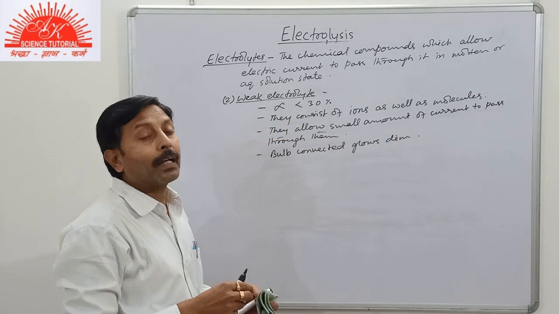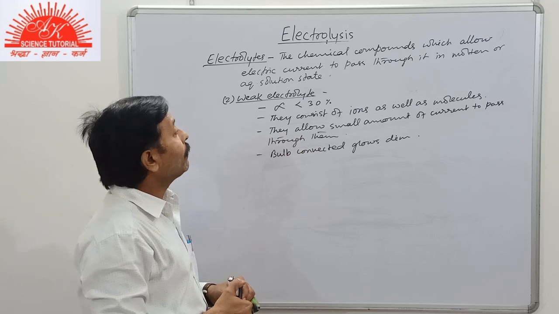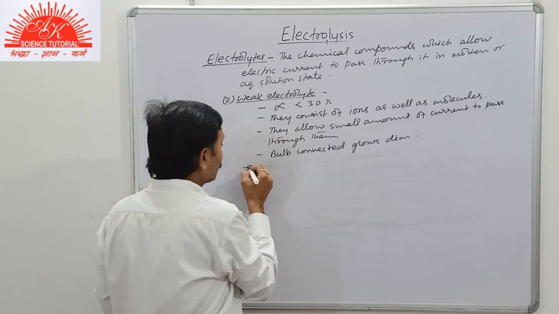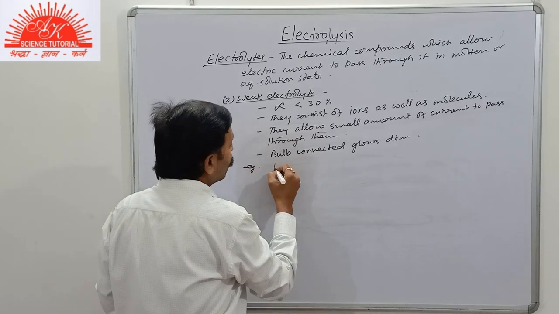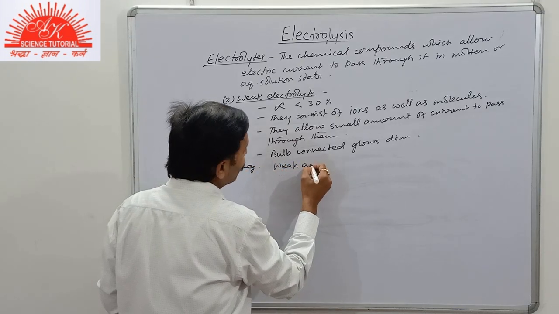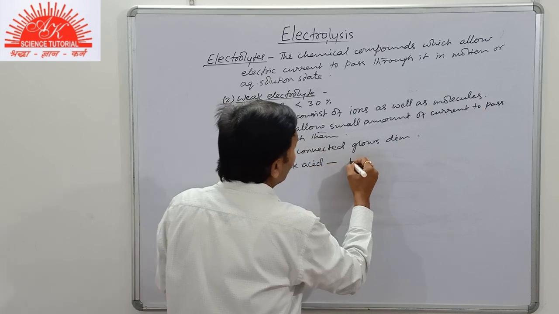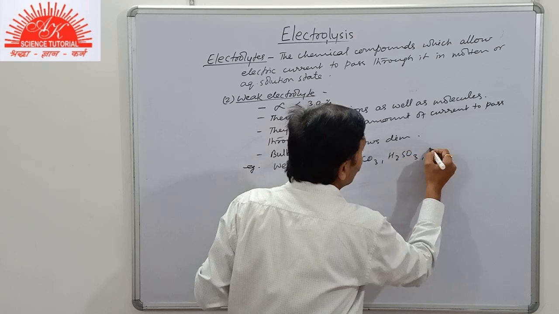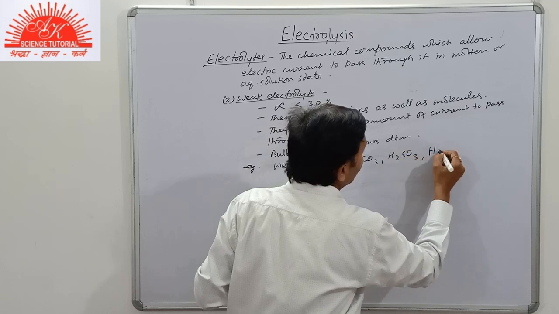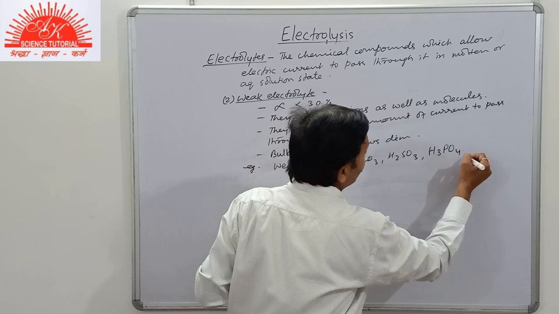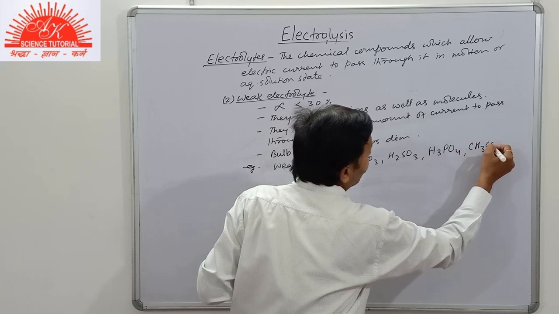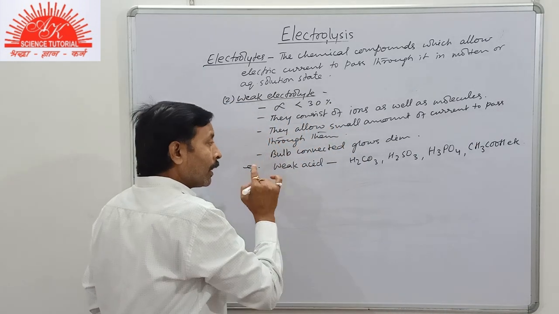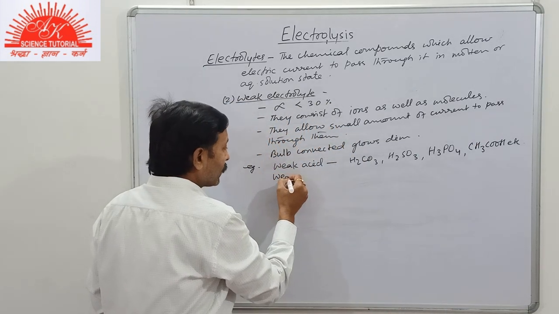Since only a little current flows through it, the bulb, if connected, will glow dim. Now, for examples, this time we will take weak acids like carbonic acid, sulfurous acid, phosphorus acid, acetic acid, that is all organic acids, etc. Now weak alkali.